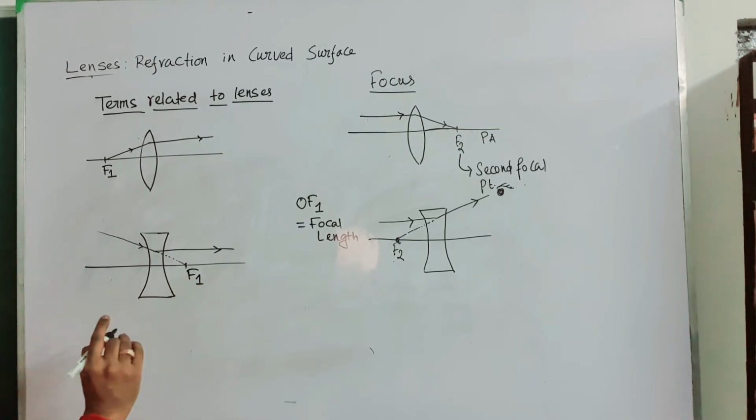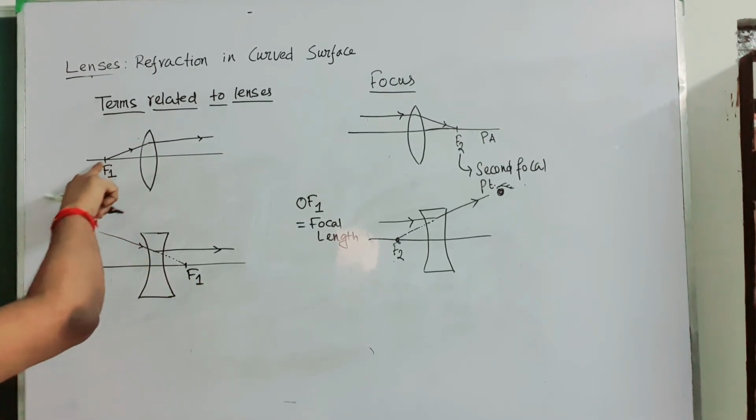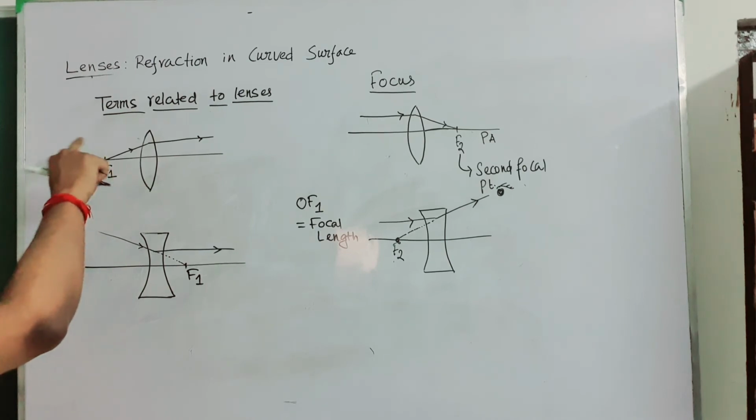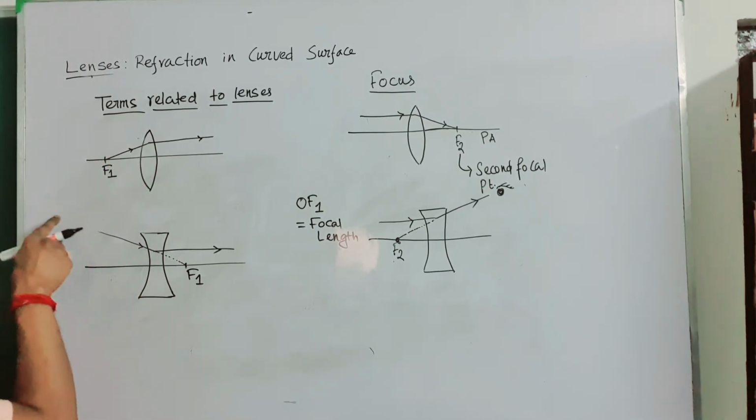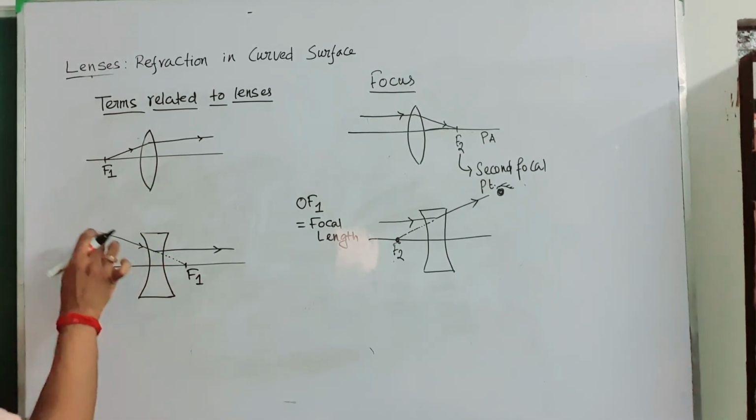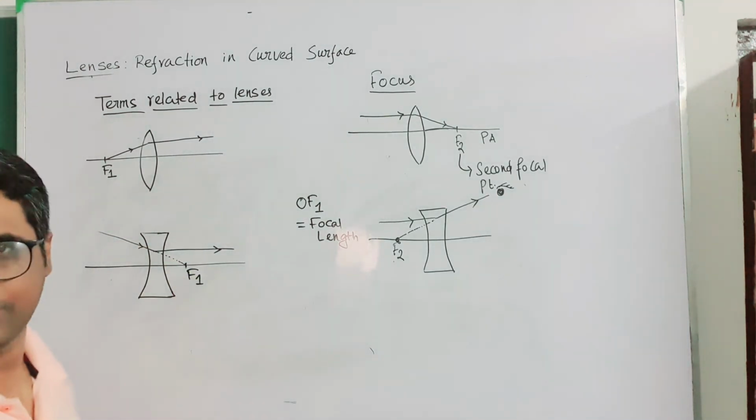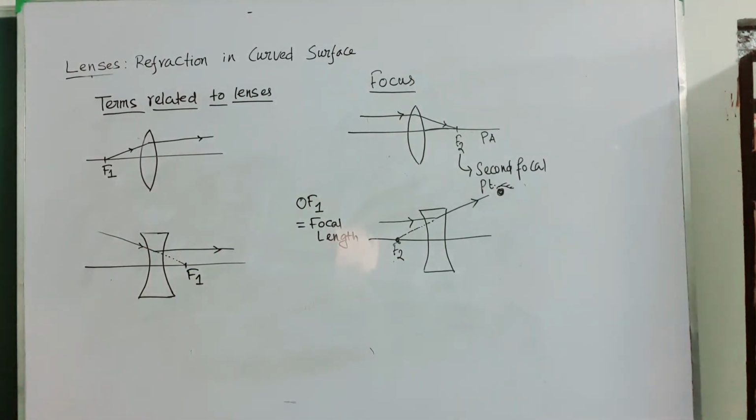Clear? In this case, if the lens was not there, it would have met some point on the principal axis, which we will call F1.